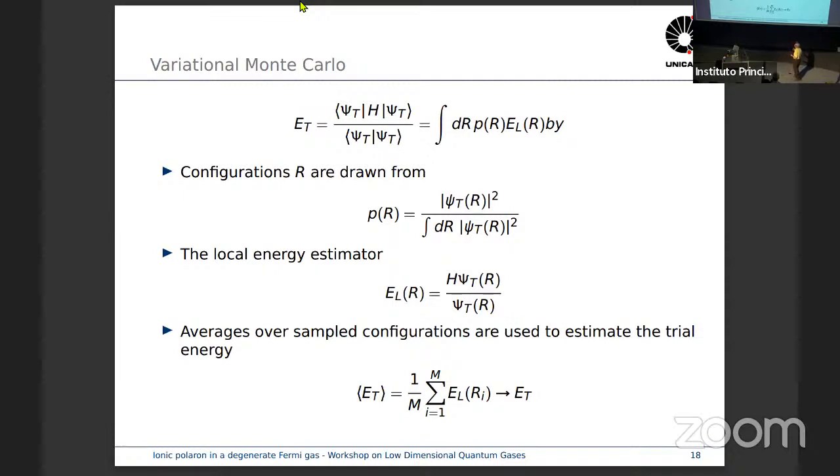What we do is sample configurations from this probability distribution, and by taking the average of the local energy estimator for a large enough number of samples, this will converge to the trial energy. In other words, the variational Monte Carlo method is exactly the variational method that we all know. What is done is to solve this integral by a stochastic method.